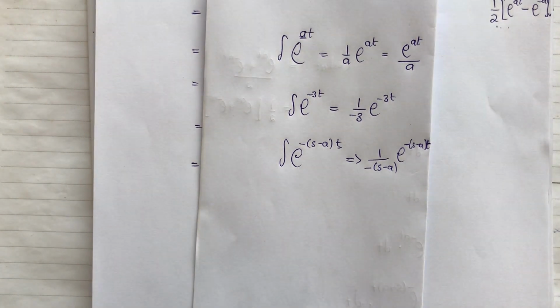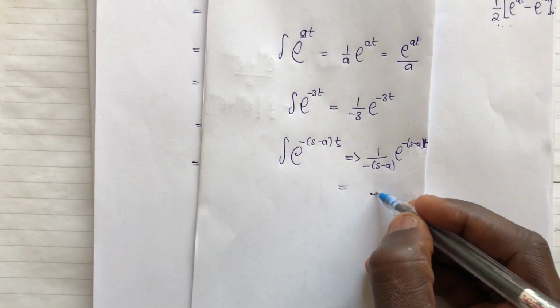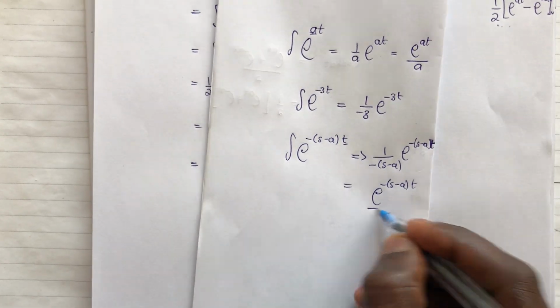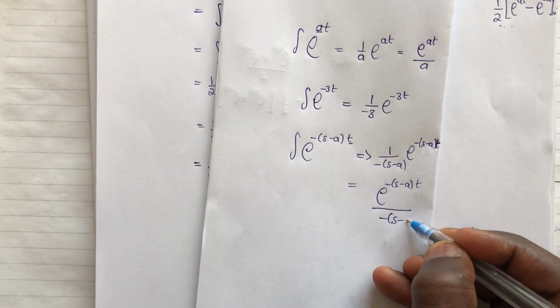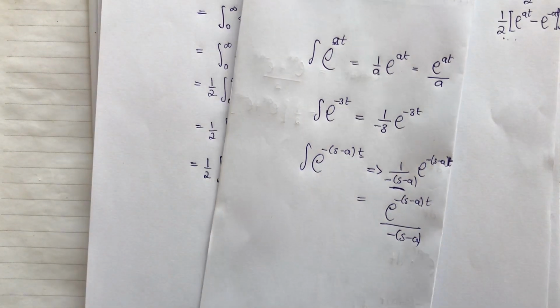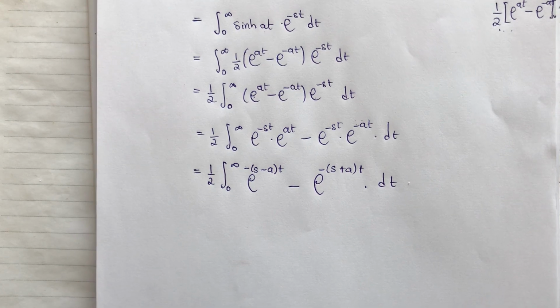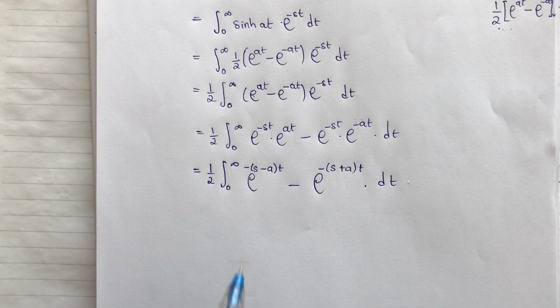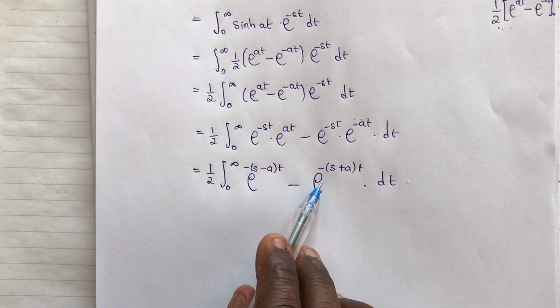Okay, now from here you can rewrite this as e to the power negative (s minus a) t, divided by negative (s minus a). I chose this one. So we apply that process here. That is how you integrate an exponential function. Now, if we integrate this side, we have to integrate this side too.